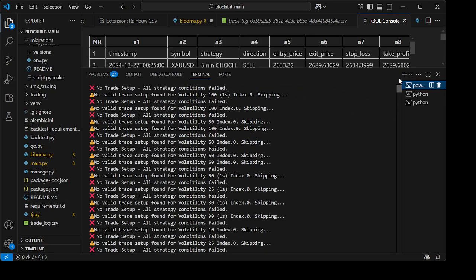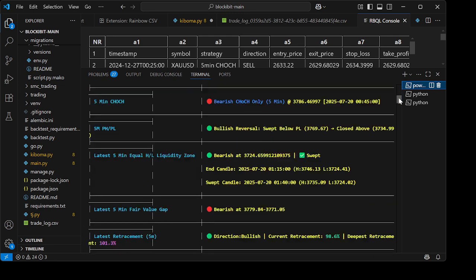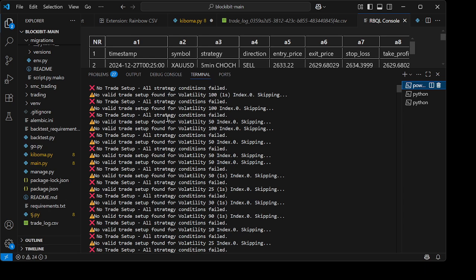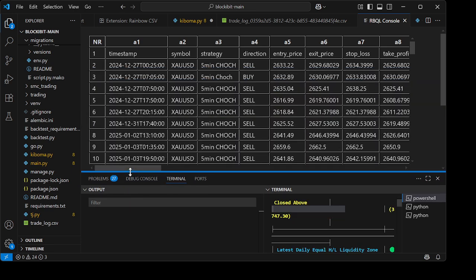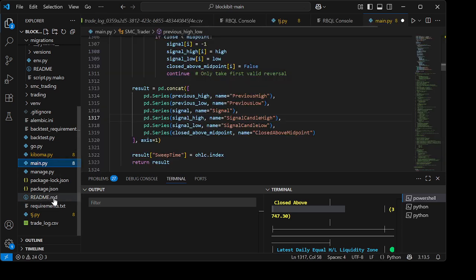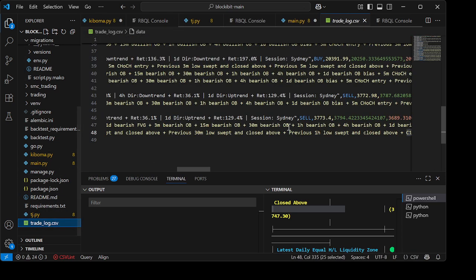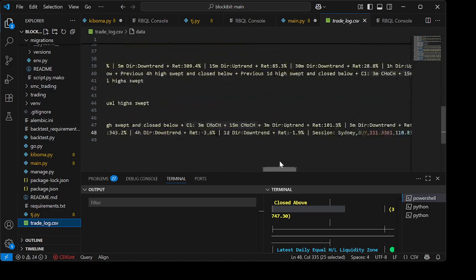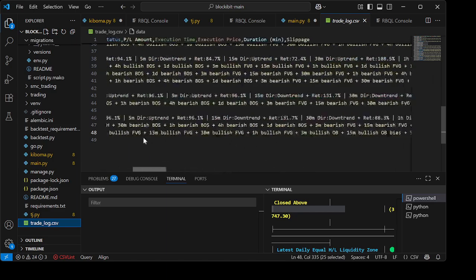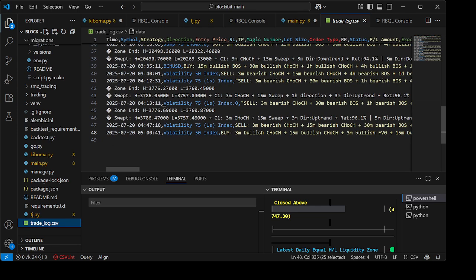Oh, I have run short of space. Okay, we'll just go to the chart, to the logs, and see it from there, because I also have the trade logs. I have put them there. So let's see, 50 index, does it have any liquidity? No. Anything that has liquidity must look like this.